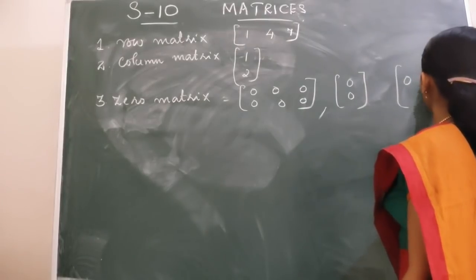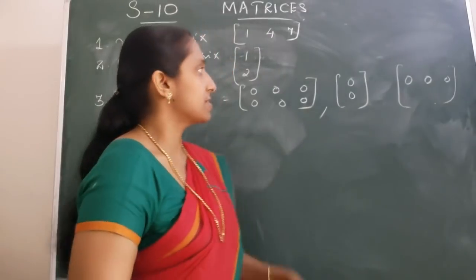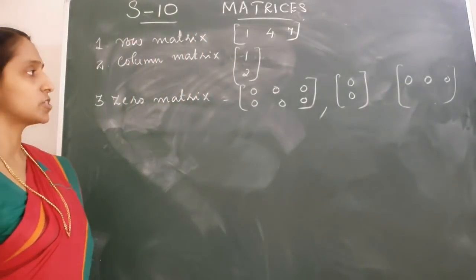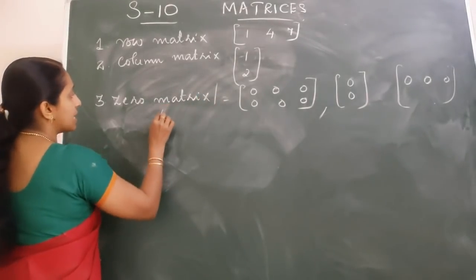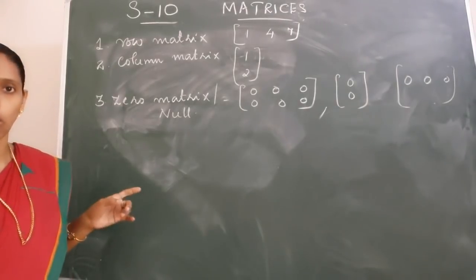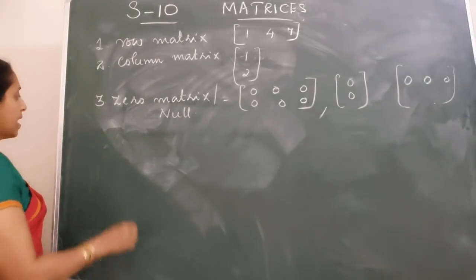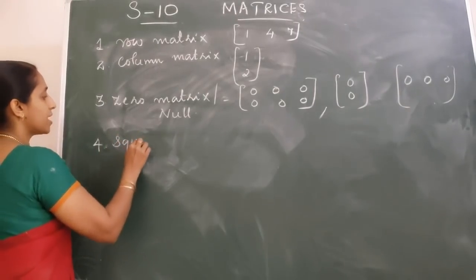This one is also a zero matrix. So if all the elements inside the bracket are 0, it is a zero matrix, or the other name given is null matrix. Zero matrix or null matrix. And the fourth one is the square matrix.